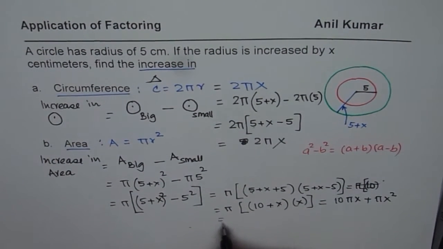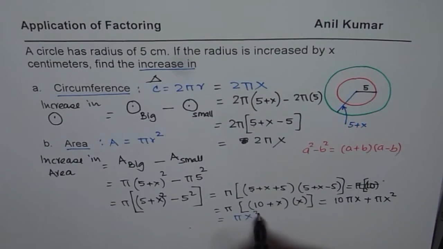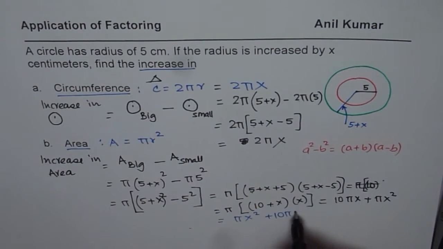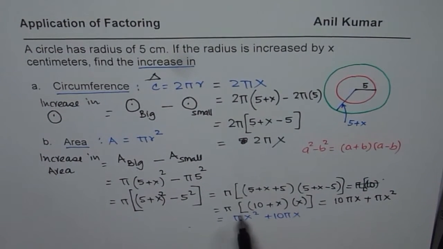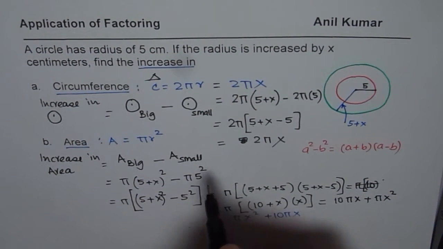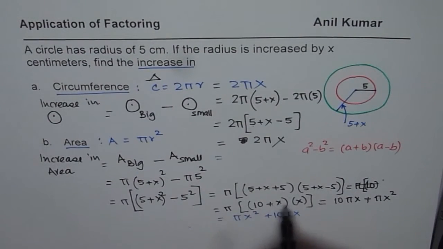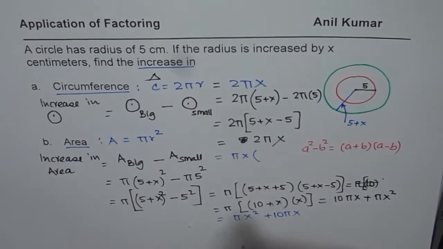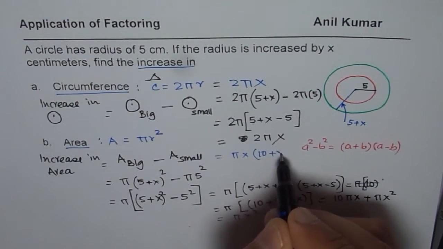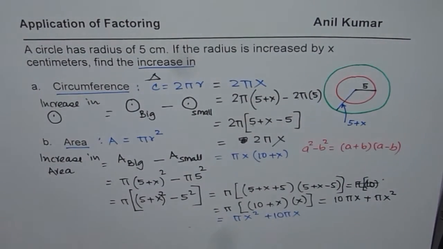So you could also write this as pi x square plus 10 pi x. Well, either way, it is all correct. Or you could even write in this factored form, which is pi x times 10 plus x. So all these are same things. This is in factored form, that is expanded form.